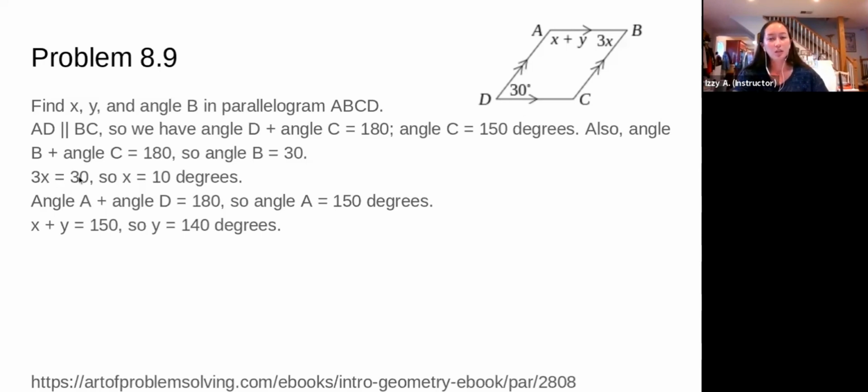So 3x would equal 30, and then you get x equals 10 degrees. And angle A plus angle D equals 180, so angle A equals 150. And x plus y equals 150, so y equals 140. Sounds like you guys solved it in the chat, so I'll just leave this up really quick, and then we can move on.